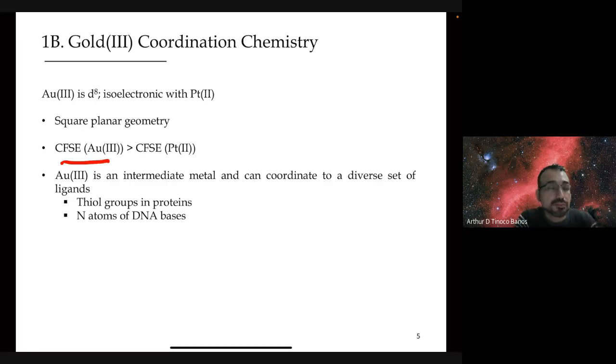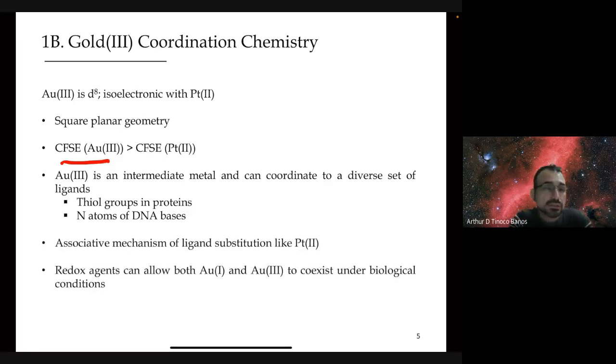Gold 3 is an intermediate metal, unlike platinum 2, which we know to be a softer metal. But nonetheless, because of that intermediate property, it has the capacity to coordinate to a diverse set of ligands. So gold 3 can coordinate to thiol groups. It can also coordinate to nitrogen atoms, particularly the DNA bases.